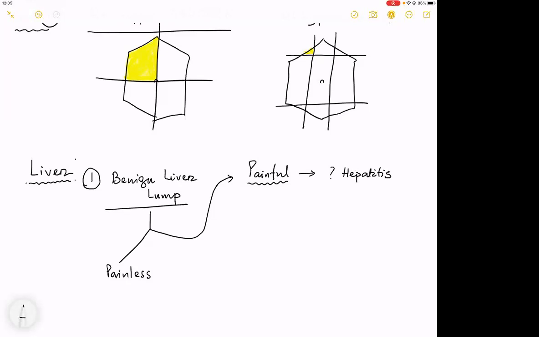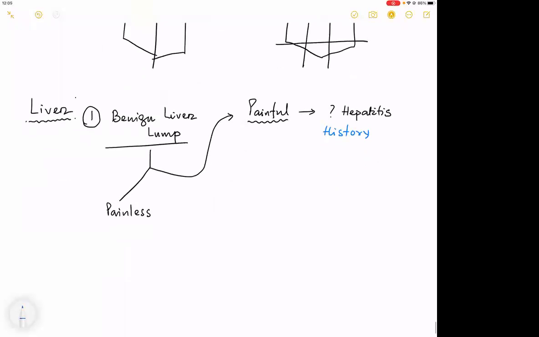If I take a different color, is the screen visible to all? Yes, sir. Okay. The history of hepatitis is very focused.